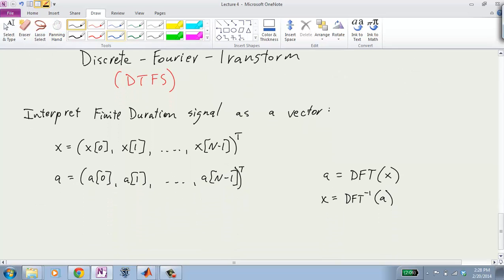So the implied period is n. In other words, when you call the DFT in MATLAB, you don't have to tell it the period of your signal. It always just assumes you gave it a finite vector and you intend for that to be interpreted as the periodic signal, and that's the first period. And therefore, it computes the discrete time Fourier series.